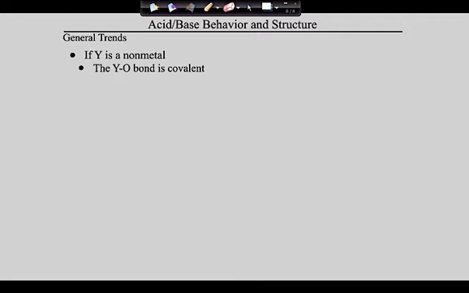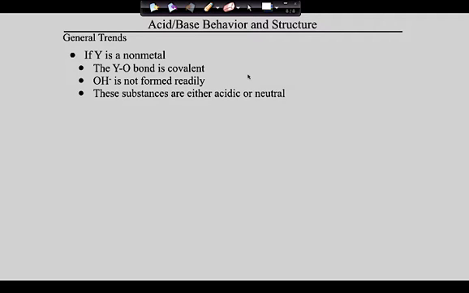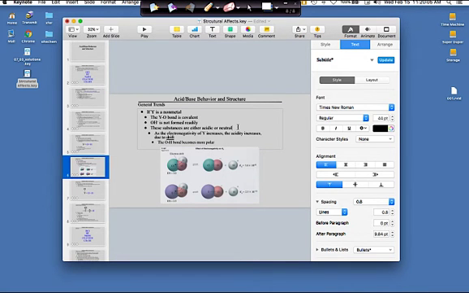So if that's the case, this YO bond is going to be covalent, and as a result, hydroxide is not going to be formed. We don't have a transfer of electrons because oxygen can't steal from a non-metal. So we don't have any OH. So we're not going to get bases. So these will either be acidic or they will be neutral. And if they're neutral, maybe I don't know if this is obvious or not, let me include it. Exactly. If they're neutral, they are alcohols.